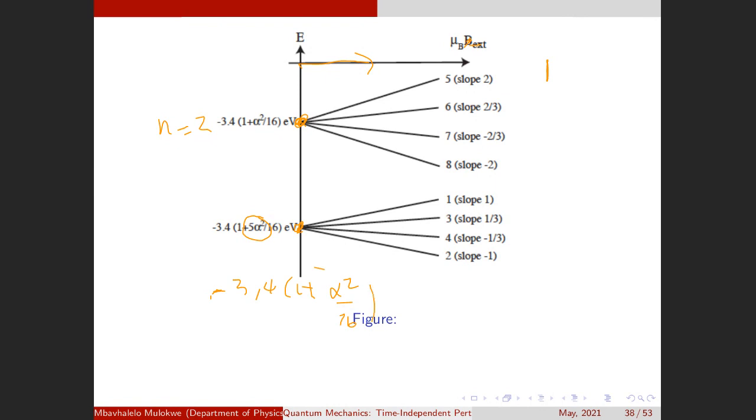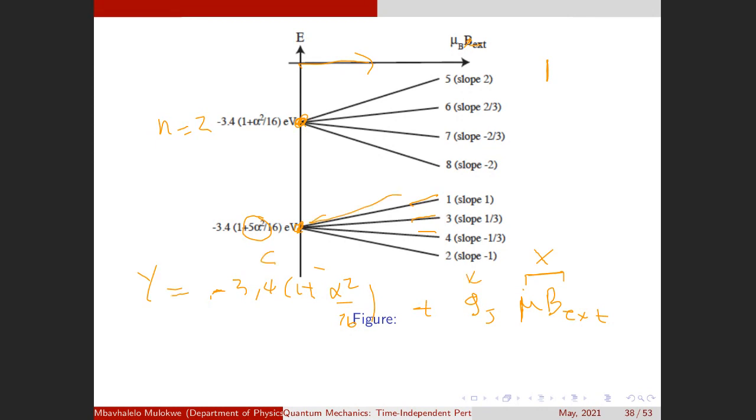This is a constant plus a g factor, which you calculate, which will give you the slopes. Then mu B times the external field, which we treat as your x. So you get y equals a constant plus some slope times x.